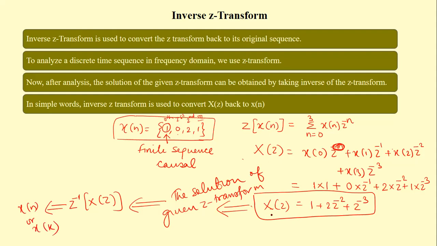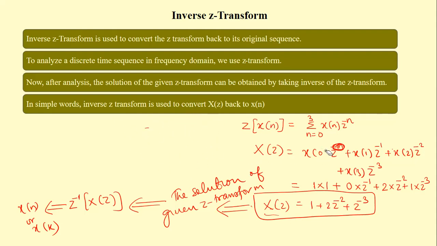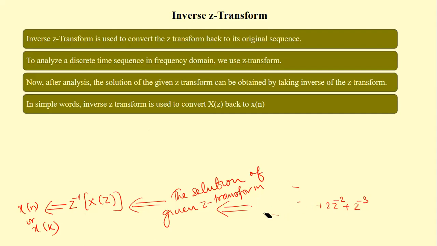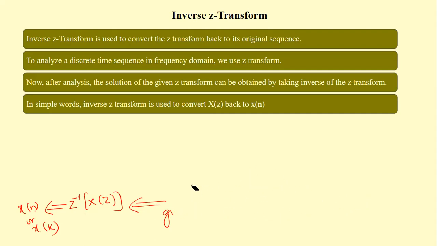So that means if you apply the inverse Z transform on the given Z transform, you will get the solution of that particular sequence. So Z transform is used to bring a system, a discrete time sequence, a discrete time system or a signal from time domain to frequency domain, right?